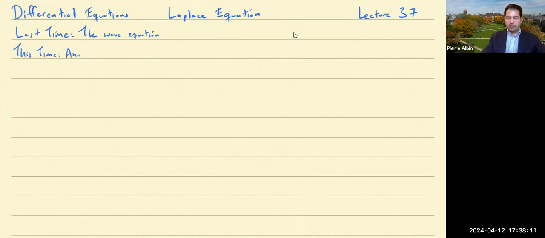This time we're going to take another look at the wave equation and then the Laplace equation, which is a stationary version of the wave equation or of the heat equation.